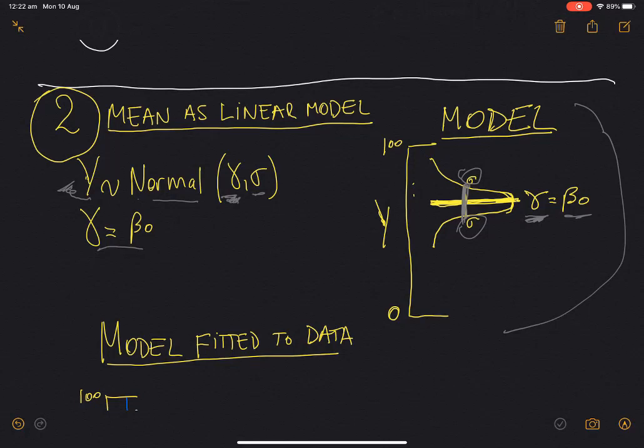Okay, two clarifications. Typically we see distributions the other way around, not turned to the right. We see the distribution this way.